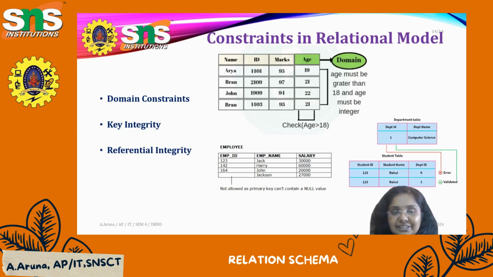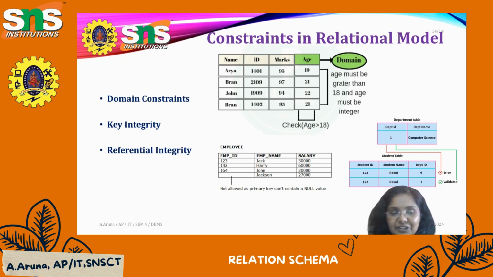I'm setting the constraint for this particular attribute, checking that age must be greater than 18. If suppose I have entered 17, that particular data is not entered in this table. If the age is not greater than 18, some notification will be sent to us. This type of constraint we can call a domain constraint.